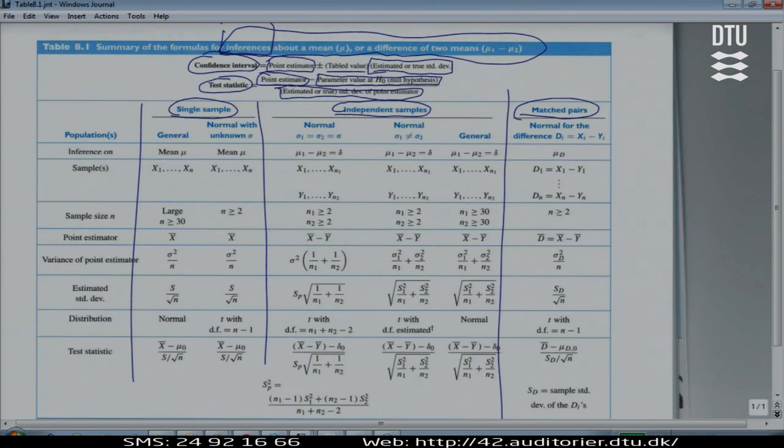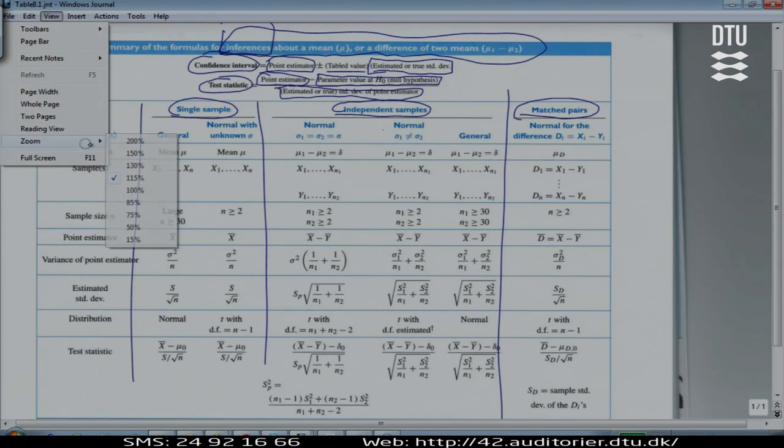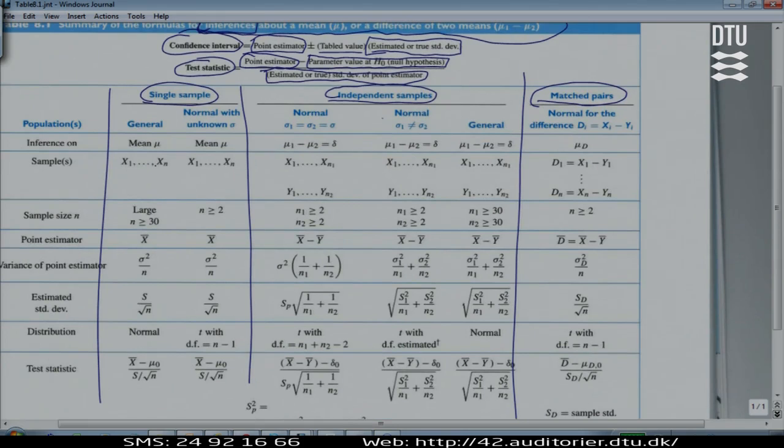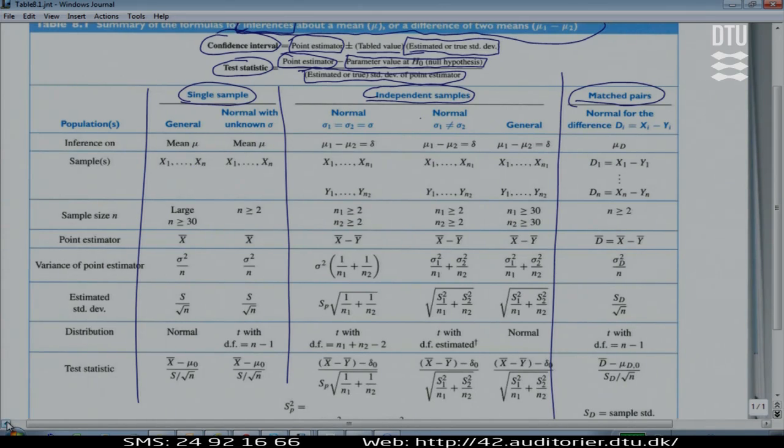Should I zoom in a little bit now? A little bit more. The nice thing of the table is to have the overview, so it's difficult to have the overview and zoom in at the same time, but still, I think here it's somewhat readable, although a bit small, but still readable for most people.